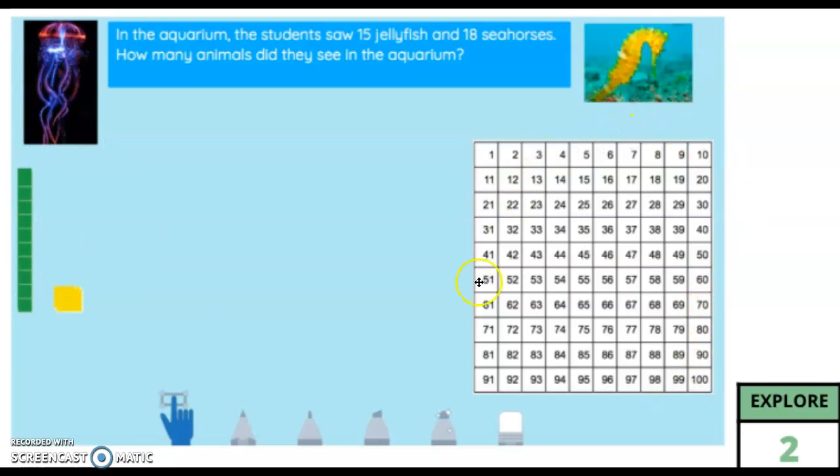You can also use a hundreds chart to show your work, or you can just draw the base 10 blocks yourself using the tools at the bottom. Remember to write your equation and make your answer very clear. Perhaps put a rectangle around it. Are you ready, mathematicians? Off you go.